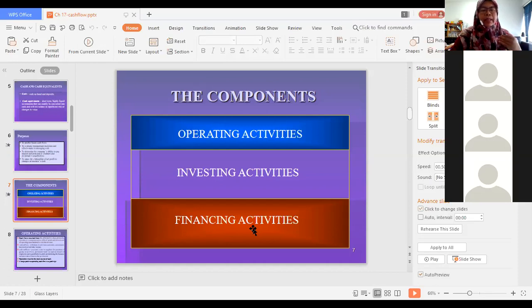If it is a company, it should be under shareholders equity section. So for the financing activity, you need to refer to the long-term liabilities and shareholders equity. Investing activities, you refer to the non-current assets. And then operating activities is regarding your everyday operation of the business.